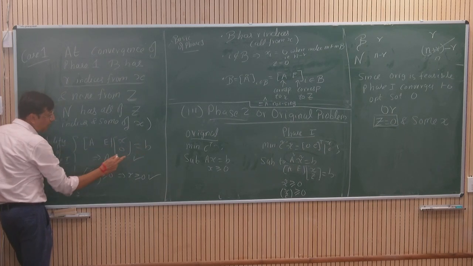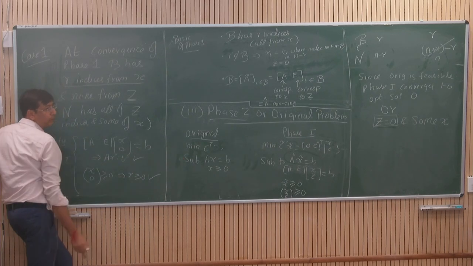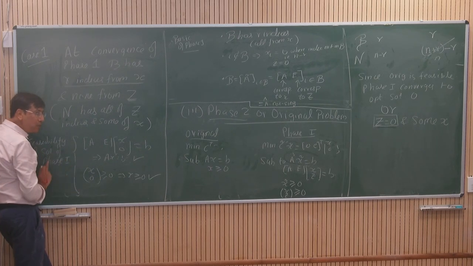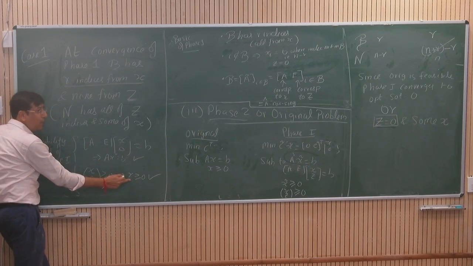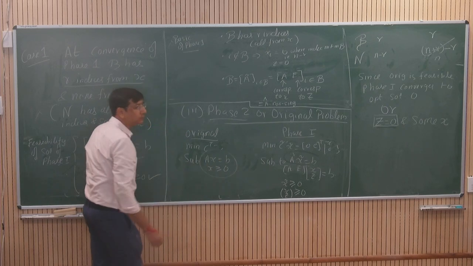Now once you expand it, you get AX equal to B, which means that this is true for the original problem. When you look at the solution X and 0, you know that this is greater than or equal to 0 because it's feasible for the phase 1 problem upon convergence, which implies that X is greater than or equal to 0, which means that this part is done.